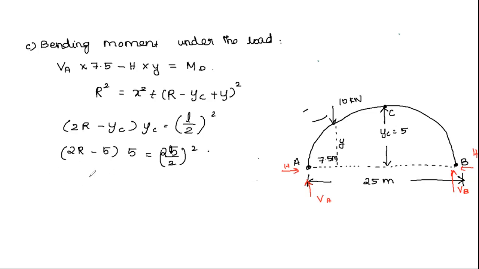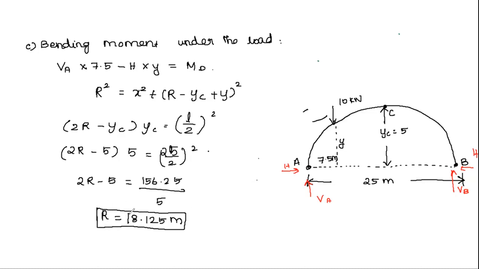When we solve this, 2r minus 5 is equal to 12.5 square, which is 156.5 by 5. So we can arrive at the value of r as 18.125 meter. So we have arrived at the value for radius r. R is equal to 18.125 meter.